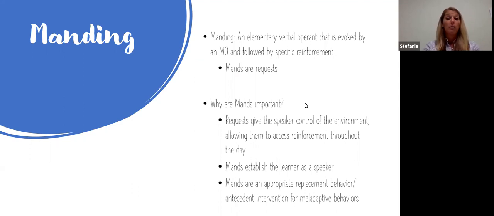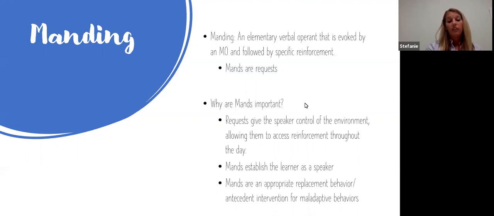Mands are an appropriate replacement behavior and an antecedent intervention for maladaptive behaviors. We always incorporate functional communication training whenever we are treating maladaptive and challenging behaviors. All of that is just trying to help our learners make requests appropriately instead of engaging in challenging behaviors.